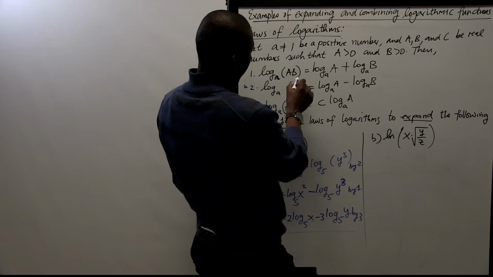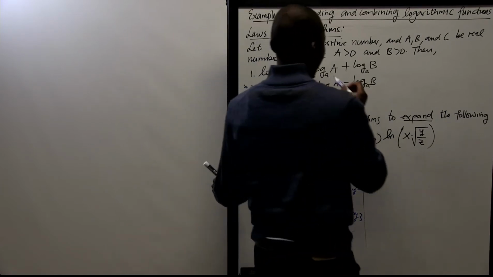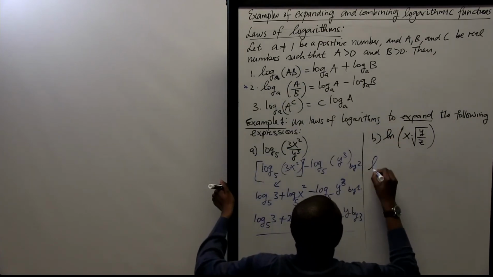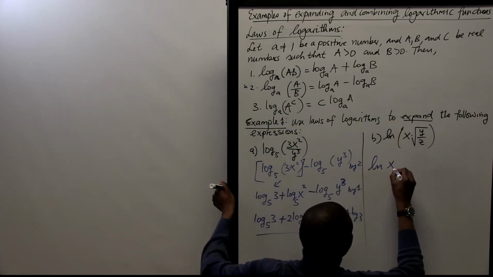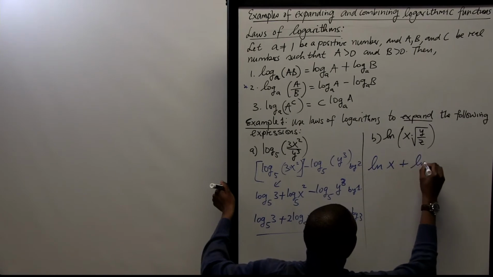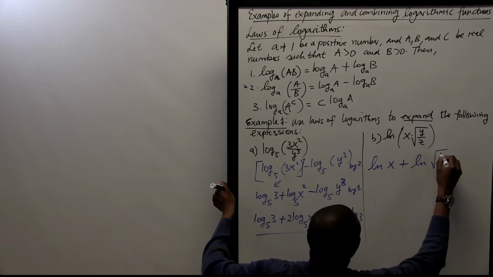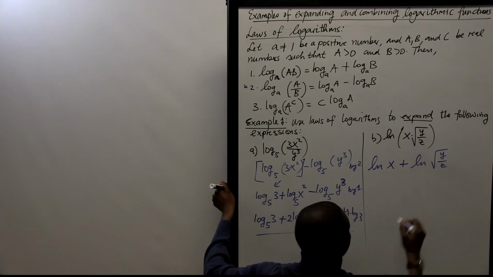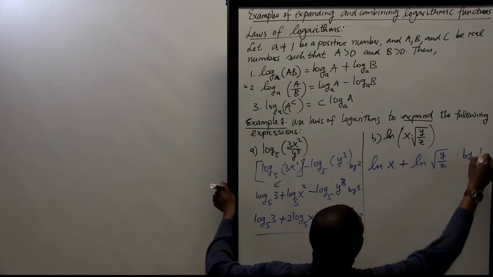The log of a product is the same thing as the sum of the logs. So by property number 1, this can be written as ln of x plus the natural log of the square root of y over z.